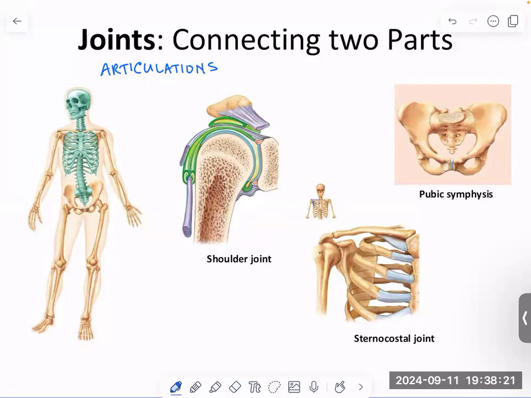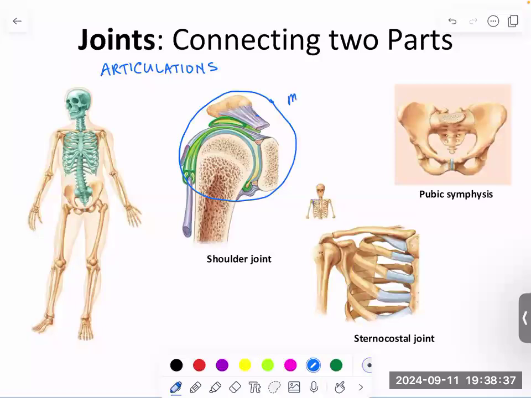When we think about bones and how they're joined in joints, they can occur in a few ways. Here, your shoulder joint. Think about the things that it's made of. There are ligaments.